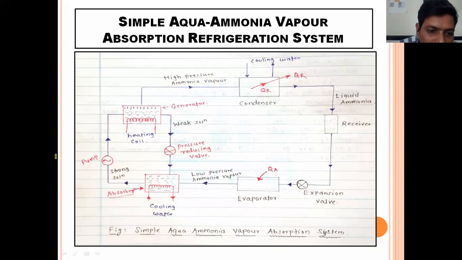Here, in the vapor absorption refrigeration system, we are using the pump. Though the size of the pump is small, for working of that pump we still have to give some amount of electric supply, some high grade energy.